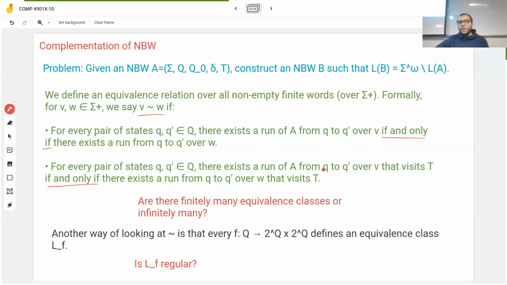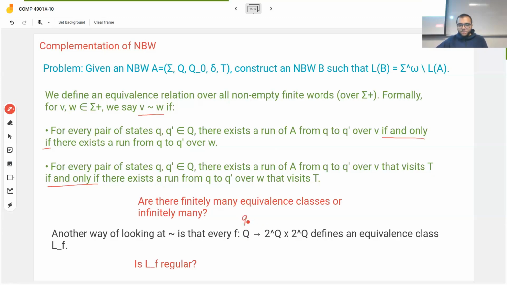And secondly, from every state q, which other states q prime can be reached using v while also visiting t? These are the two things that I really care about. If these two properties are the same for v and w, I say v and w are equivalent. They're the same equivalence class. So I can show every equivalence class by a function that takes a state and gives me two sets of states.